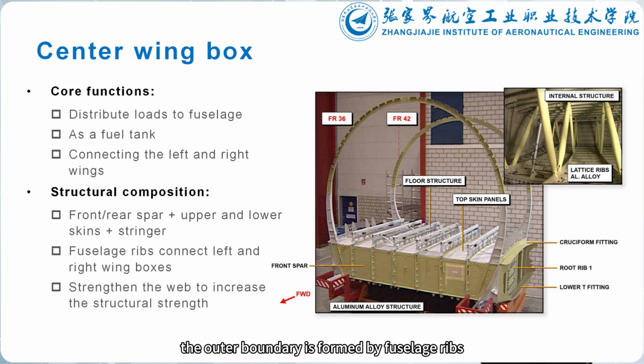The outer boundary is formed by fuselage ribs at the fuselage wing junction, which simultaneously define the inner end faces of the left and right wing boxes. The skin is reinforced cooperatively with the left and right skins through two-way extended stringers, and at the same time, the overall rigidity is strengthened by the reinforced web vertically connected between the upper and lower skins.